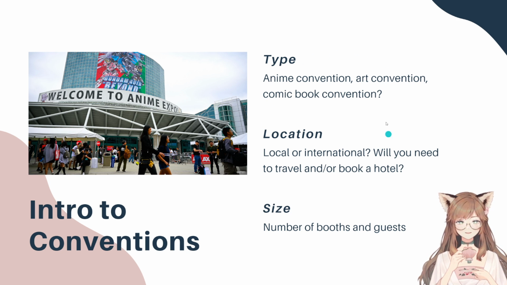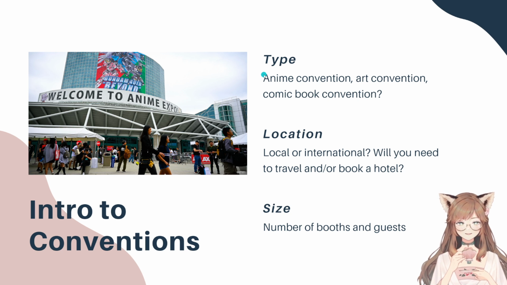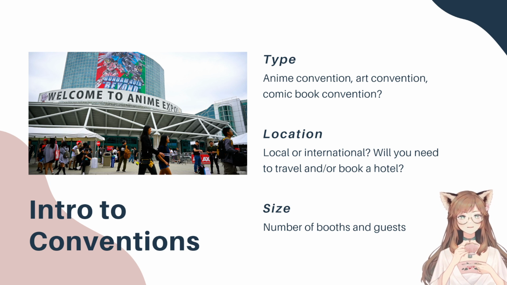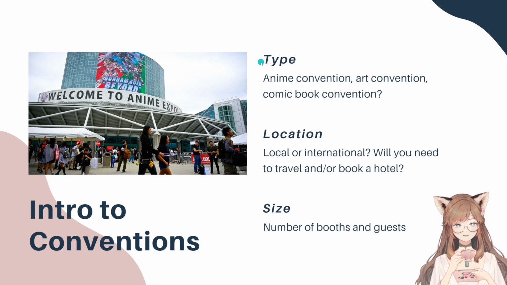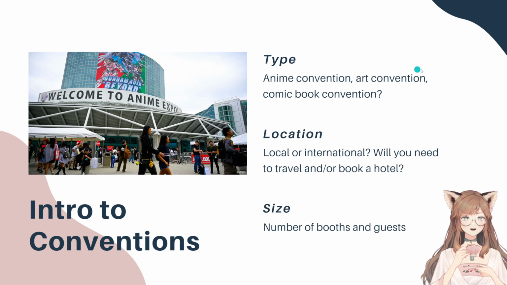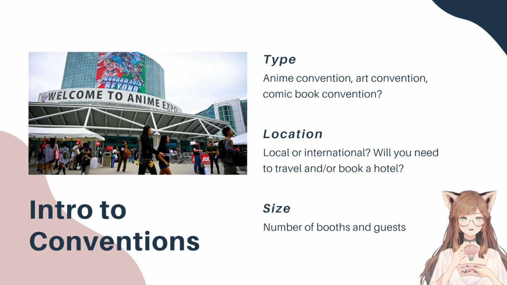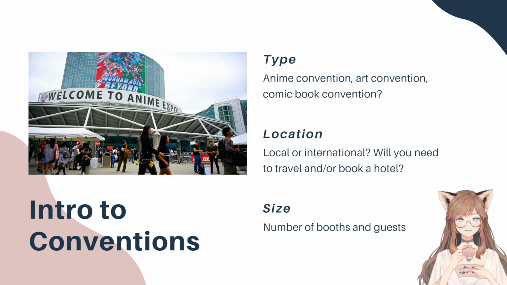There's different types of conventions also. Anime Expo obviously is an anime convention. It's in the name. So most of the stalls, guests, etc. will be anime themed. But there's also comic book conventions and art specific conventions, which I don't know if they're that common because I have only seen a couple in the UK, but they're mostly for indie artists to show off their work.